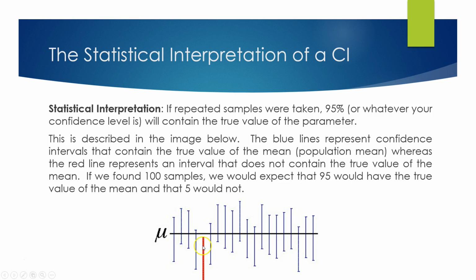One of these falls so far outside that it doesn't have the population mean inside. This was still calculated correctly. It still had a random number generator used, but it just didn't have the true value inside. And this is what we expect to happen. If we wanted it to be 100% accuracy, then our intervals would have to go from negative infinity to infinity every time.